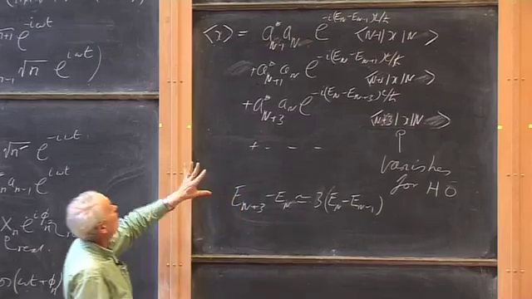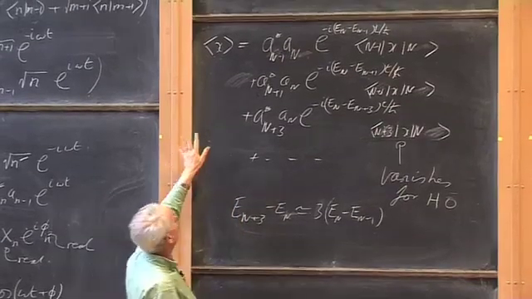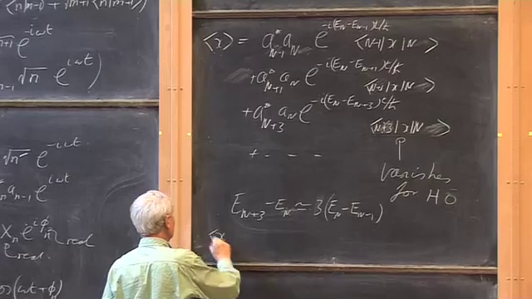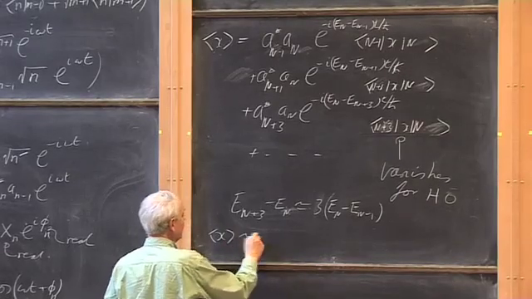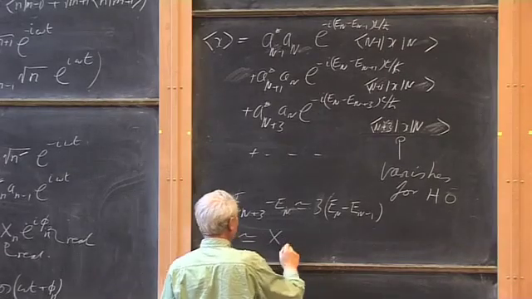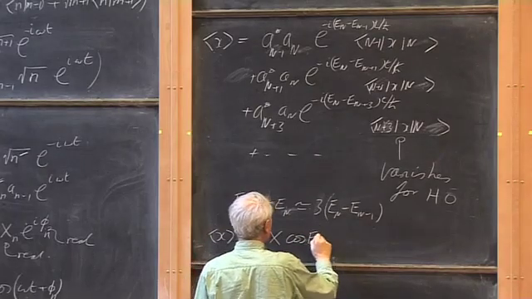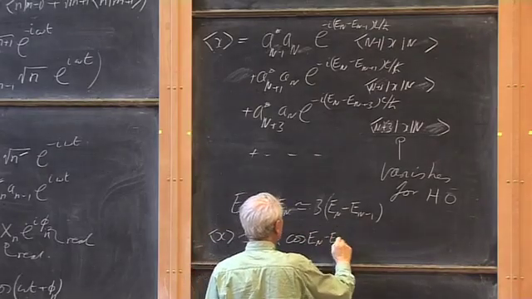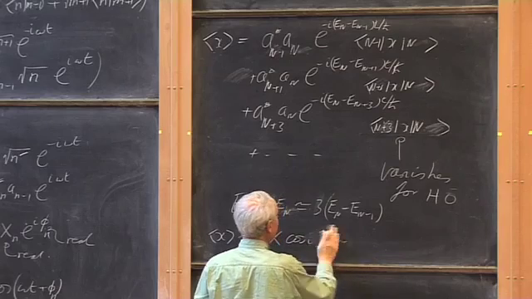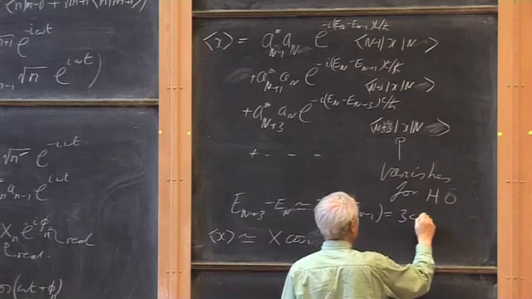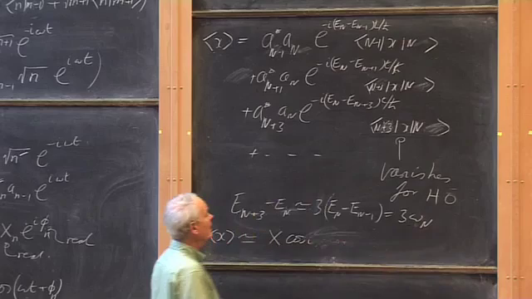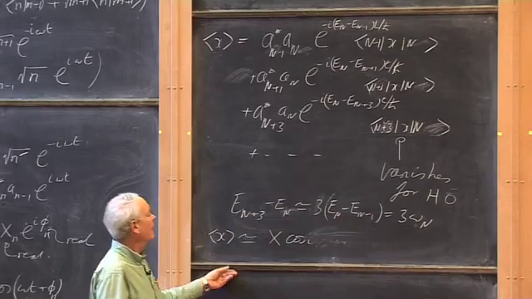So when we assemble all this stuff, we're going to find that x, the expectation value of x, looks like some number times cos of (E_n - E_{n+1}). No, let's declare this to be 3 omega_n, right? So we're defining omega_n to be this quantity here.